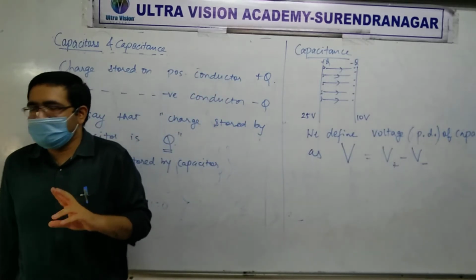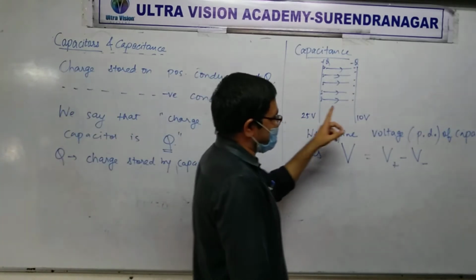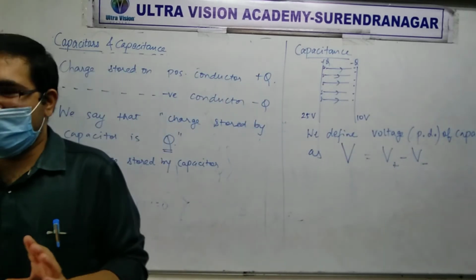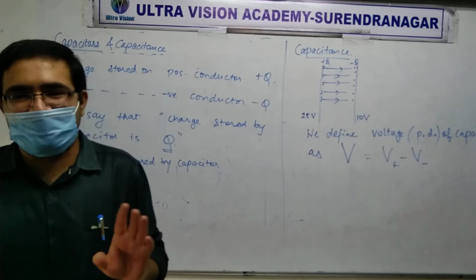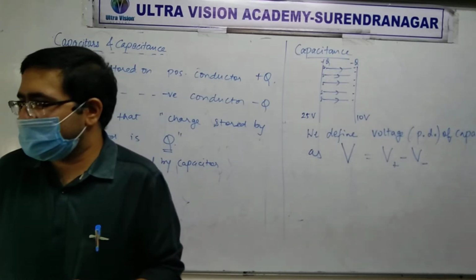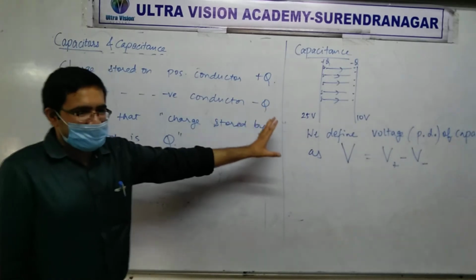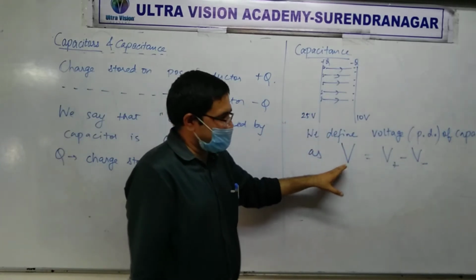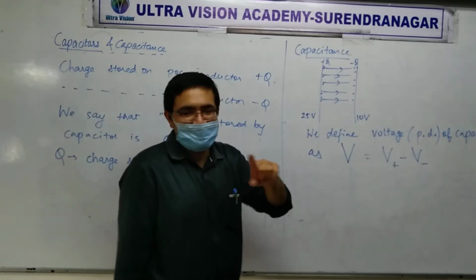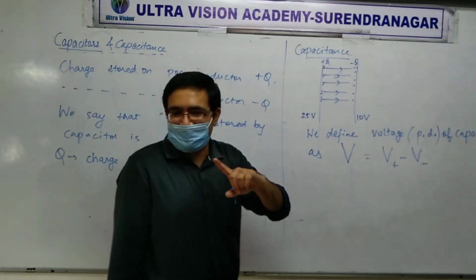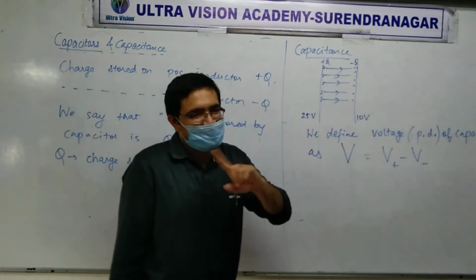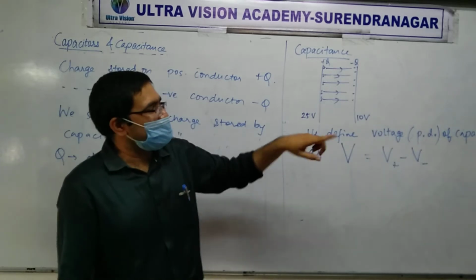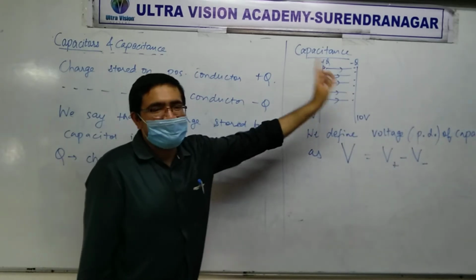Is it possible that this is less than that? Never. It will never be like that. Got it? The capacitor's voltage is V. Write capacitor's voltage V, not delta V, although it is actually a potential difference between the positive and the negative.